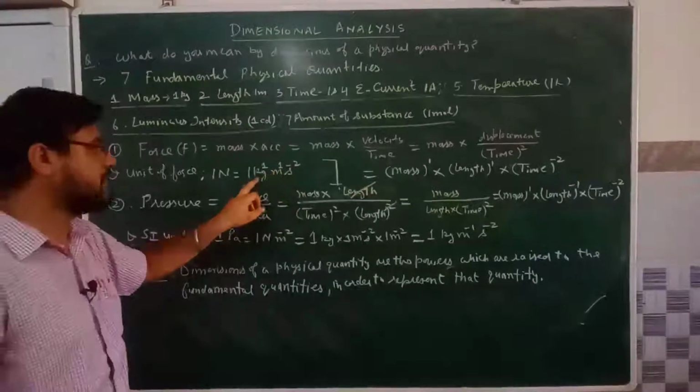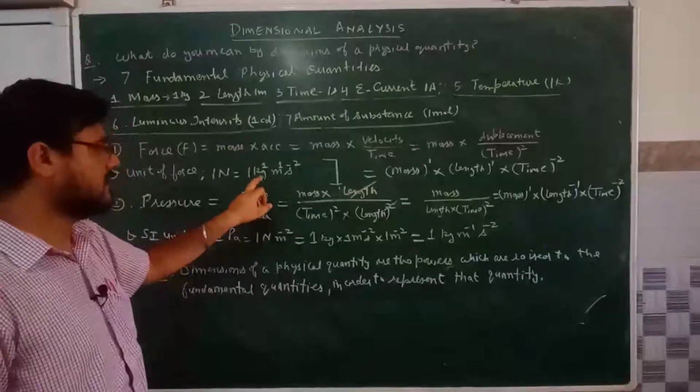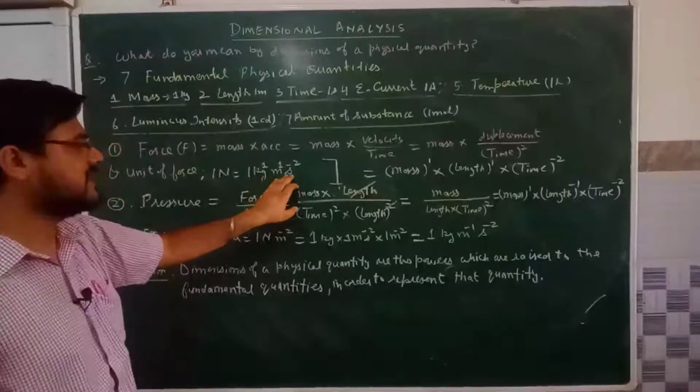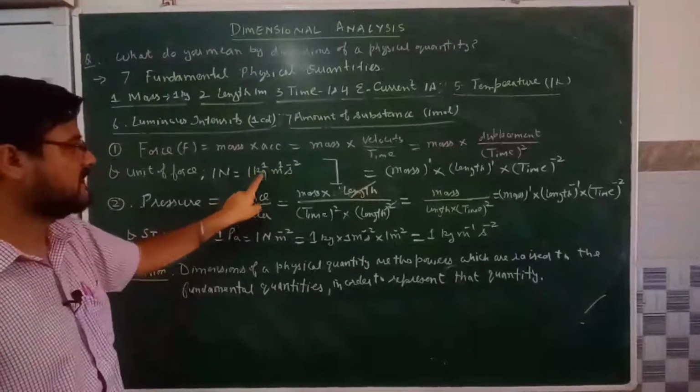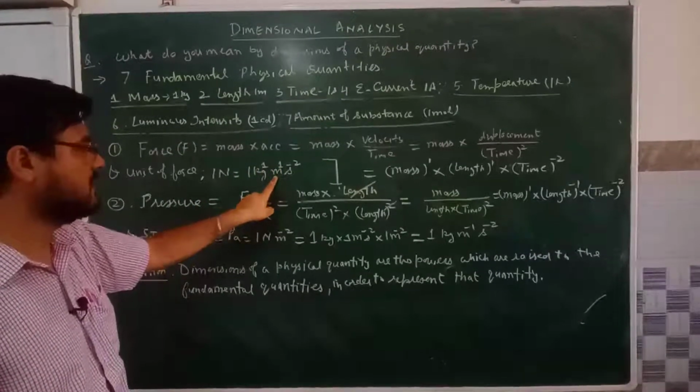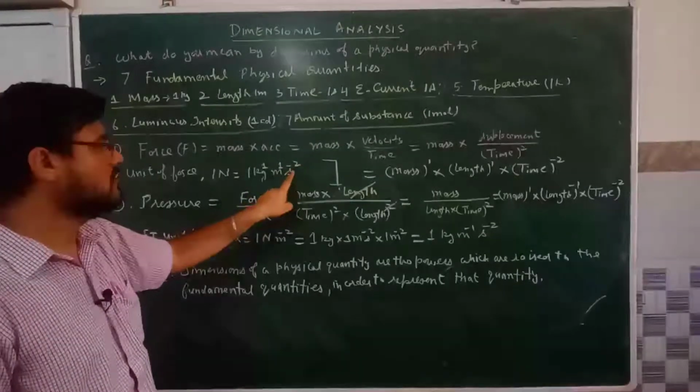Again, if you look at the power of the fundamental unit of each fundamental physical quantity, the power is 1 for the mass, 1 for the length, and -2 for the time.